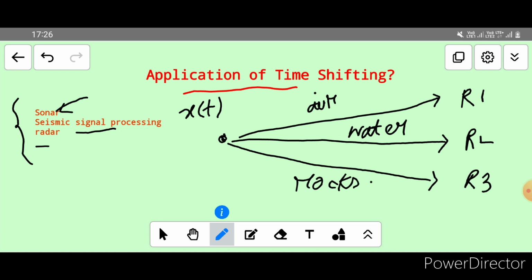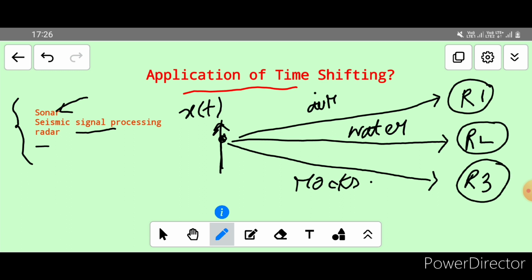So what happens is that you transmit the signal at the same time, but different receivers will receive the signal at different times. Suppose xt can be received as xt minus 5, or xt minus 10, or xt minus 2.5.